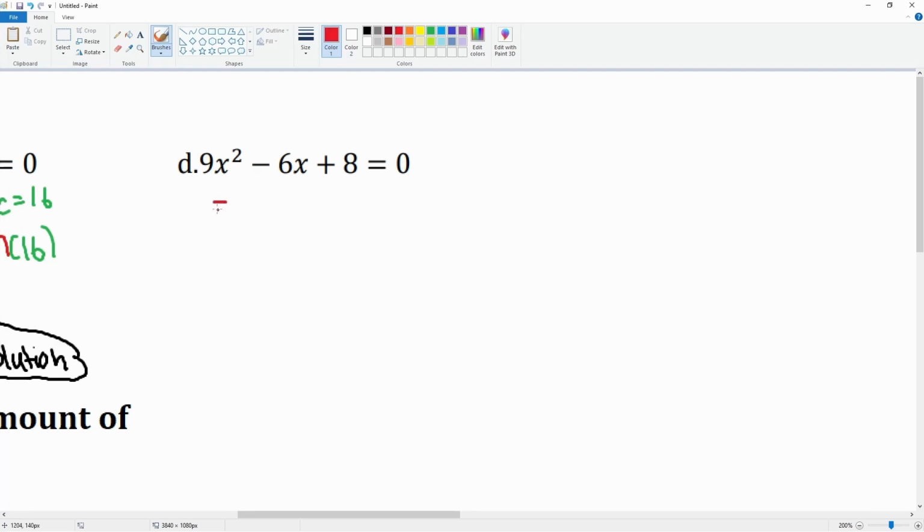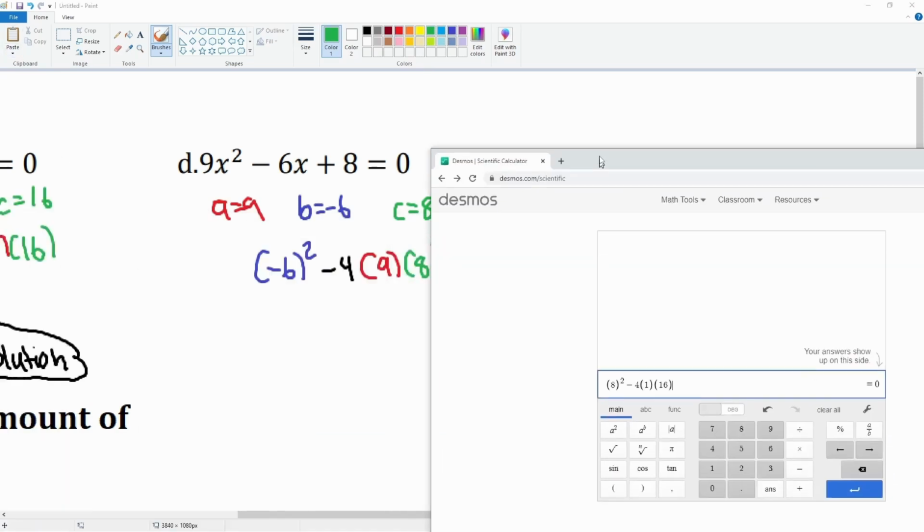Okay. And then the last one, our a here is 9. And then b is -6. And then c is going to be 8. We plug it into the discriminant formula. -6 squared minus 4 times a, and then times c. Then we plug it into our calculator.